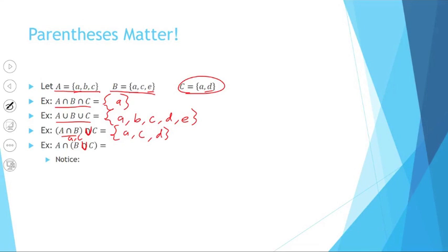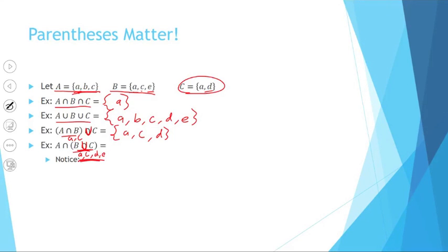Now, if you change the parentheses around and you do your attention on the B union C first, well, B union C would be the set A, C, D, and E. And now you intersect this set with A. So you're asking, what does this set have in common with A?